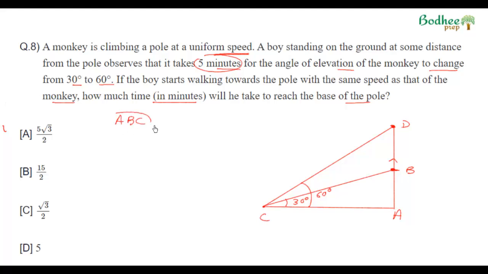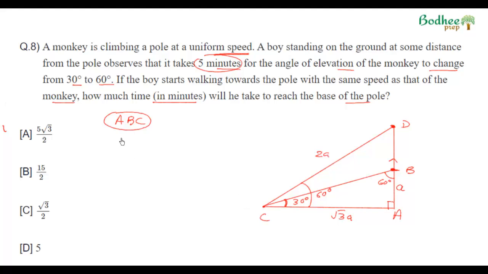In this triangle, this angle is 30 degrees, right? This is 90 degrees. So clearly, we can apply the 30-60-90 triangle concept, that is, if the side opposite to 30 degrees is A, then the side opposite to 60 degrees, because this will be 60 degrees, right, will be root 3 times A, and the side opposite to 90 degrees will be 2A, correct?